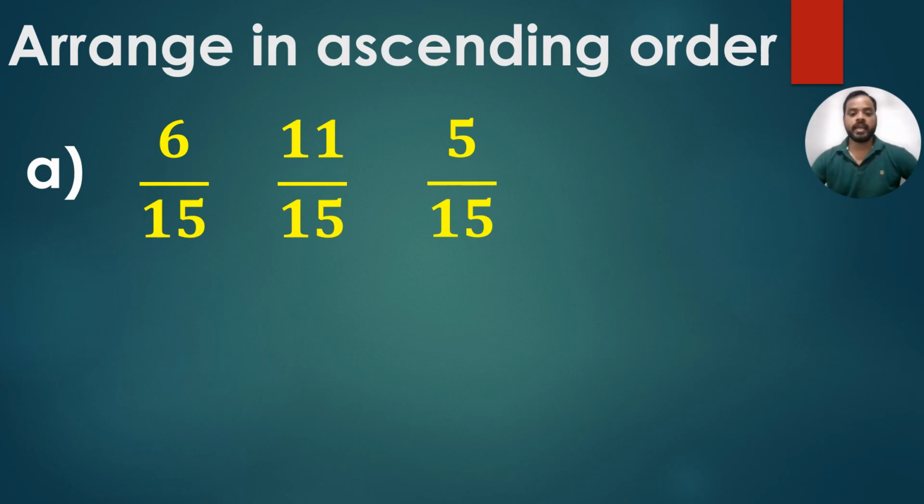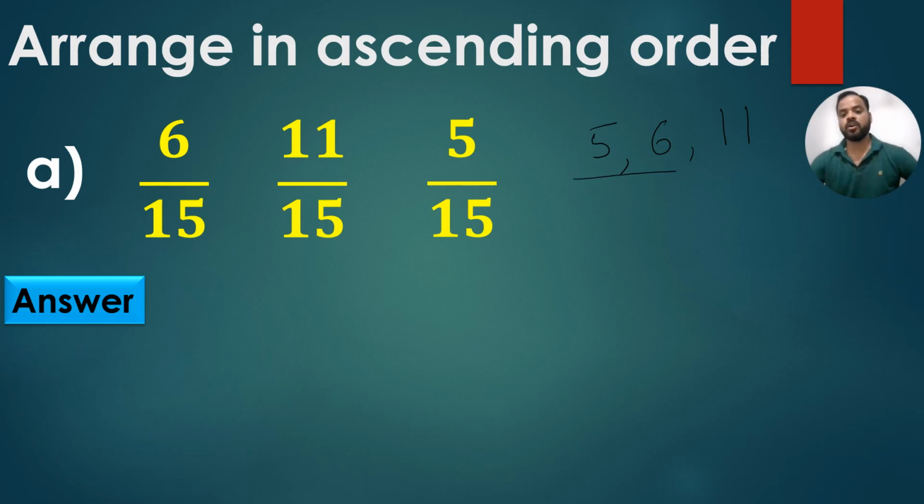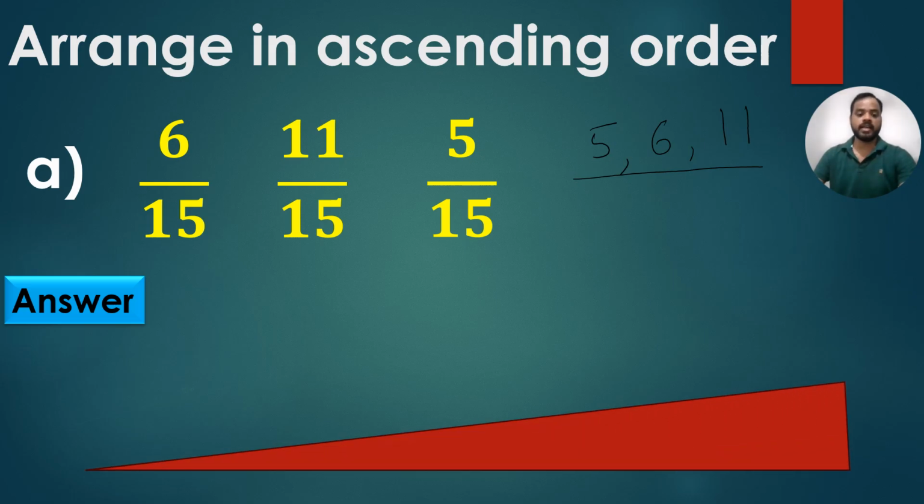Among 6, 11, 5, if we write in ascending order, what we get? 6 is greater than 5, 11 is greater than 6. So how can we write in ascending order? In ascending order, we have to write the smaller number first.